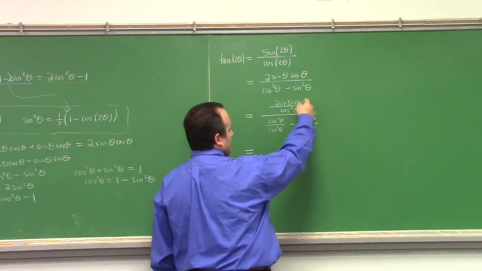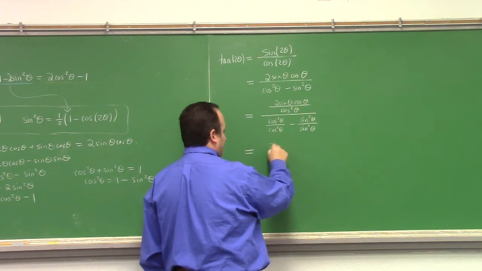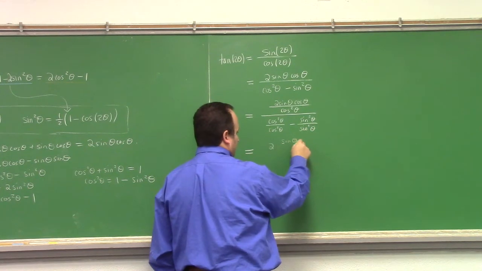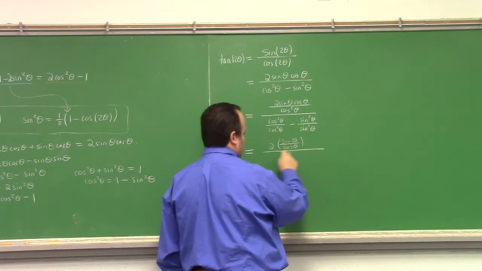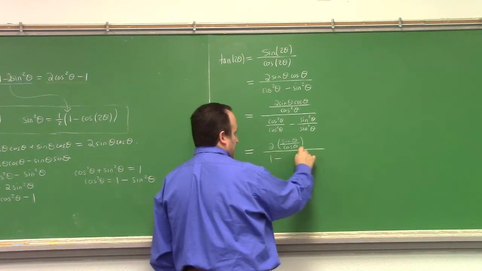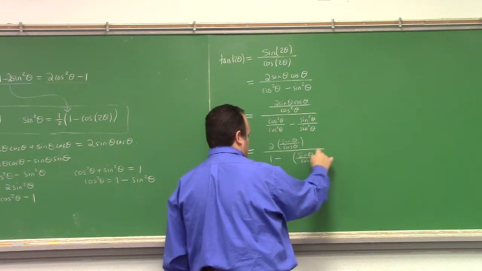So look here. The cosine squared and the cosine leaves me a sine over cosine, right? And then downstairs I've got 1. And then I've got, well, that's sine over cosine, isn't it? But we could square it, take the square outside.